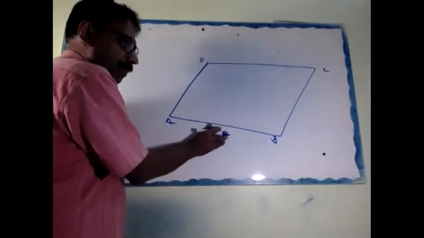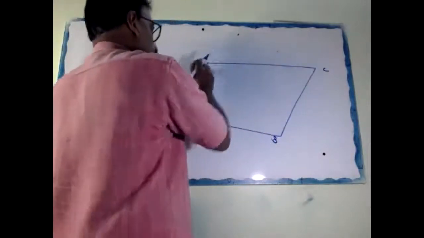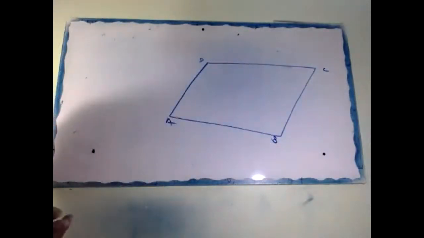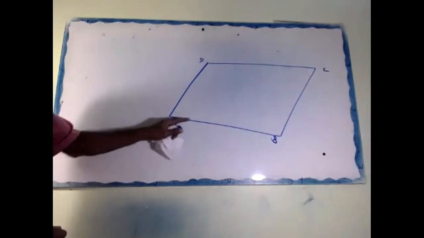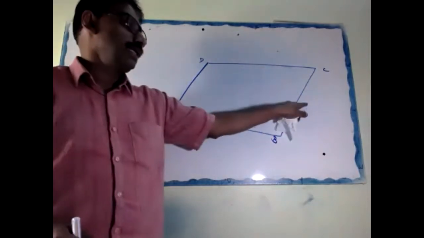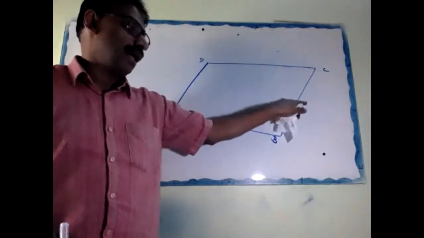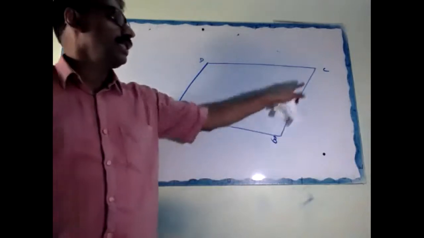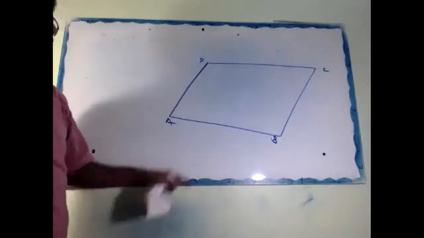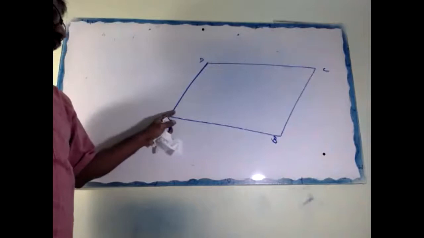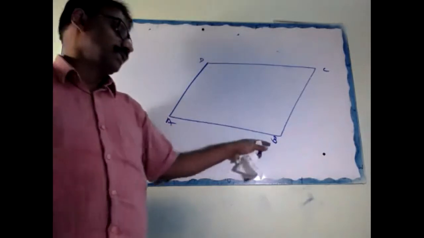Four sides, AB, BC, CD, DA are the sides. AB, BC are adjacent sides. BC and CD are adjacent sides. CD and DA adjacent sides. DA and AB adjacent sides.